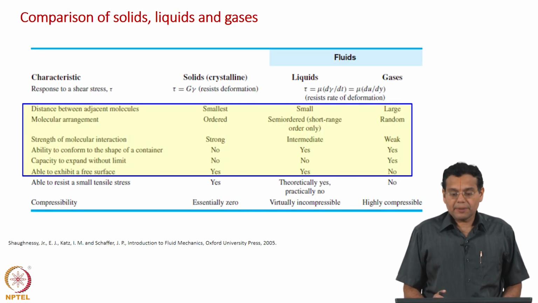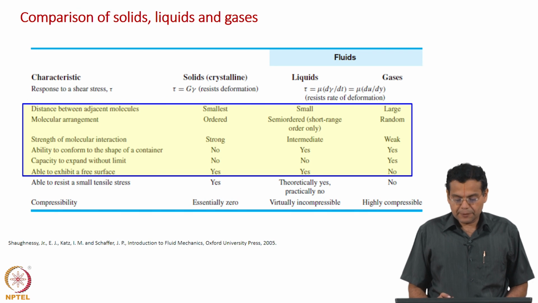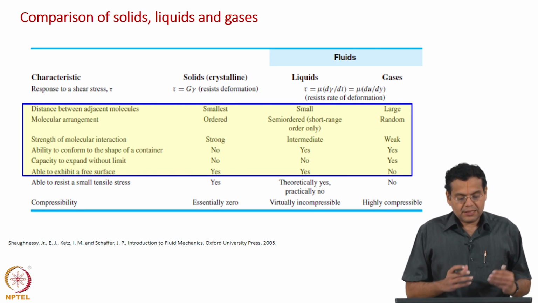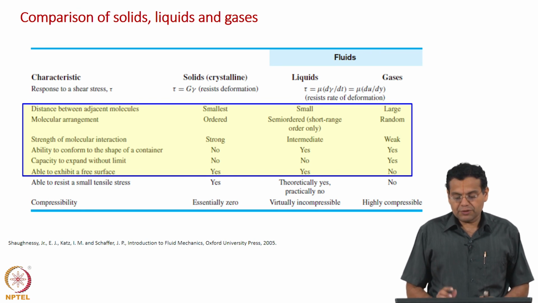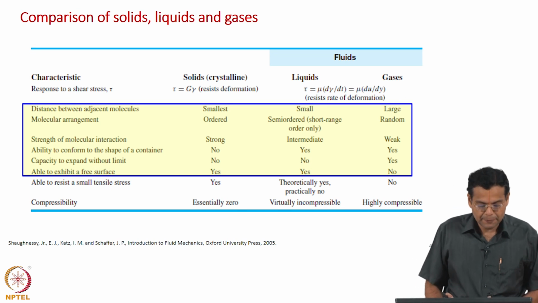Let us start with the comparison of solids and fluids. We discussed the difference between solids and fluids under two categories. First, set of characteristics for which we know the difference between solids and fluids, that is what is shown here.